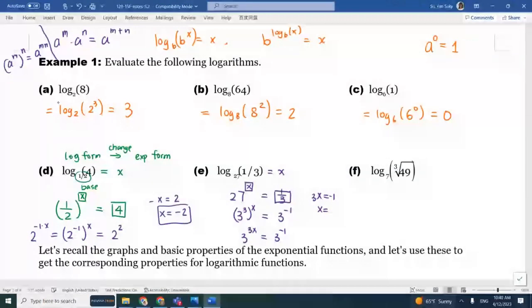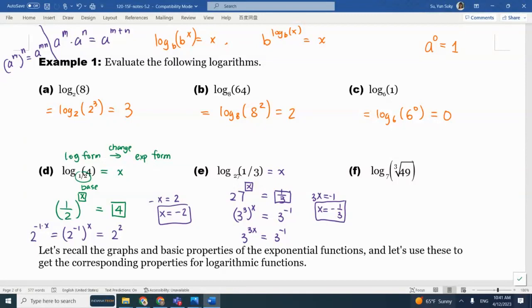And x is, yeah, very good. So log base 27 of 1/3 is negative 1/3. Is that okay, everybody? So I teach you two methods. The method 1 is when your base is easy. The method 2 is when your base is not easy. Okay, everybody? How about part F?